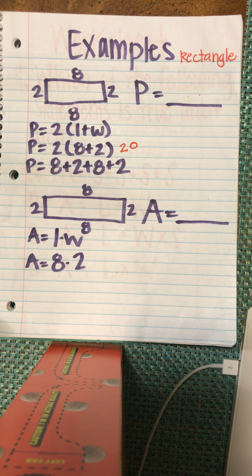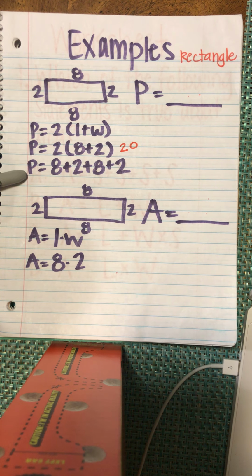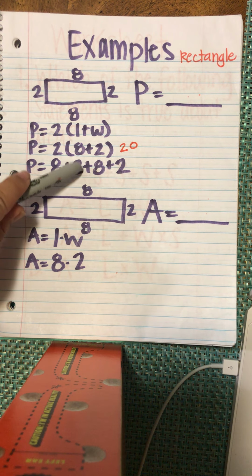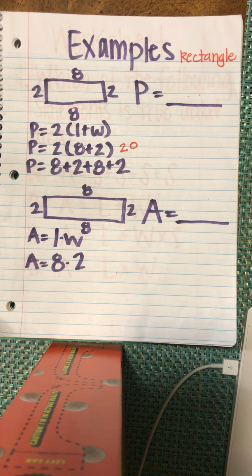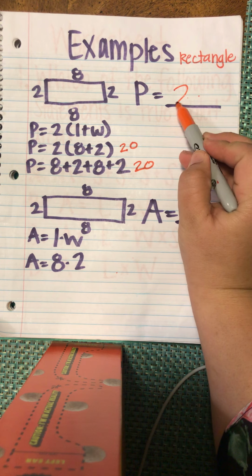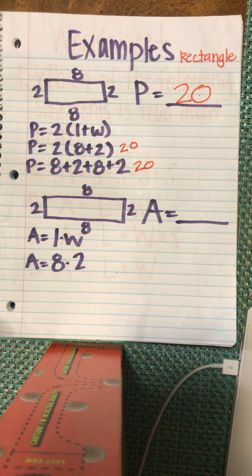Or if you want to either check your answer or just you like doing it the other way by adding up all the sides, you would do 8 plus 2 plus 8 plus 2, and then again here you get 20. So we will put 20 right there.